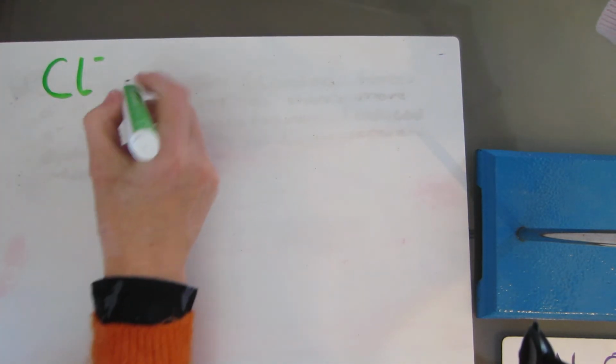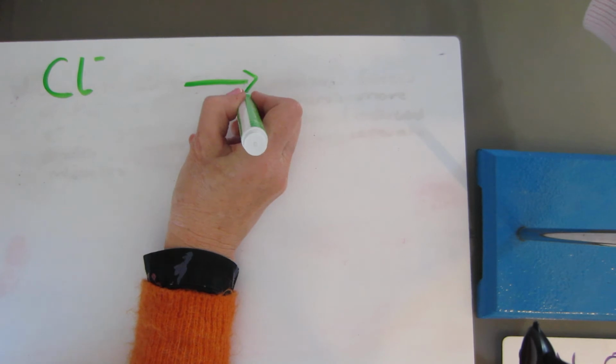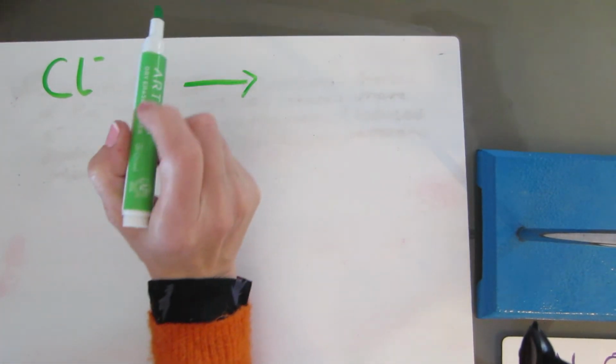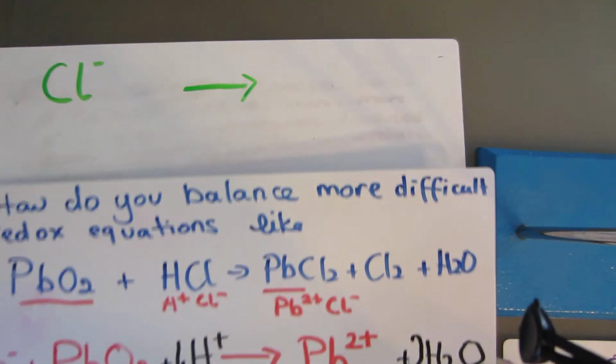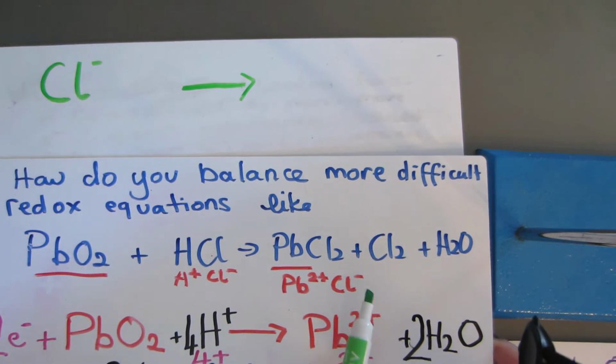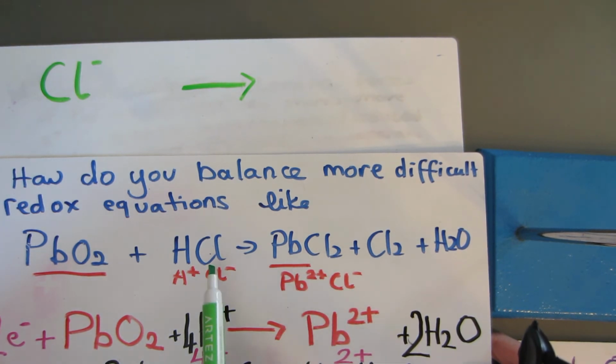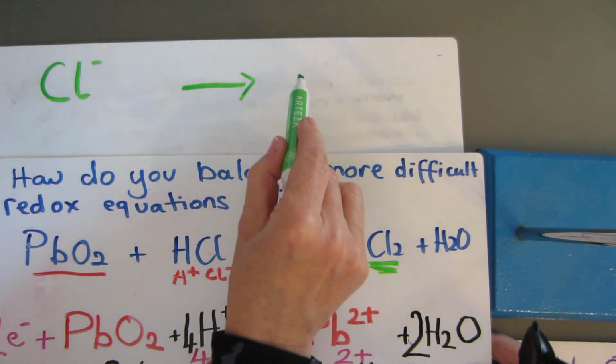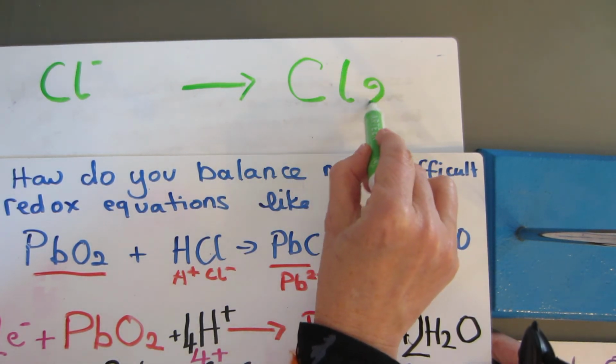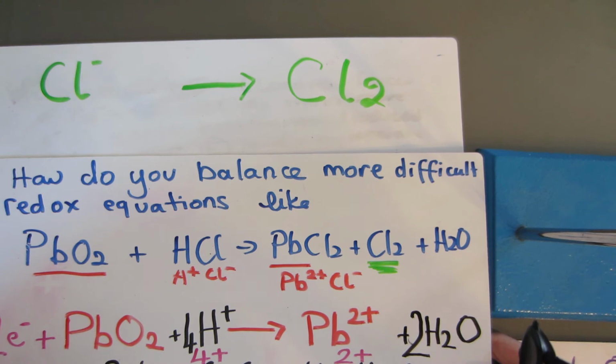The chloride ions are from the hydrochloric acid. Now, some of them, if you have a look, just ended up as chloride ions in the lead chloride. They didn't do any particular change. But some of the chloride ions, look what they became. Chlorine molecules, chlorine gas. So that is our redox reaction there.